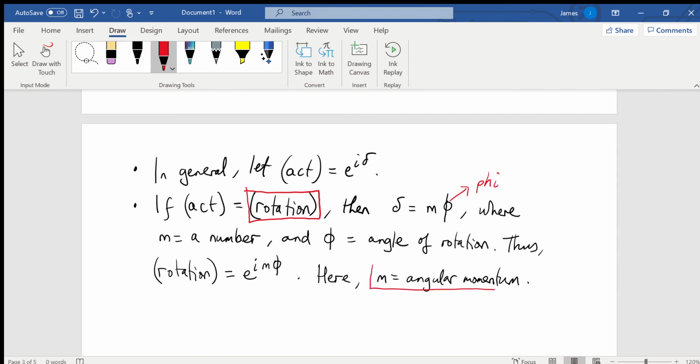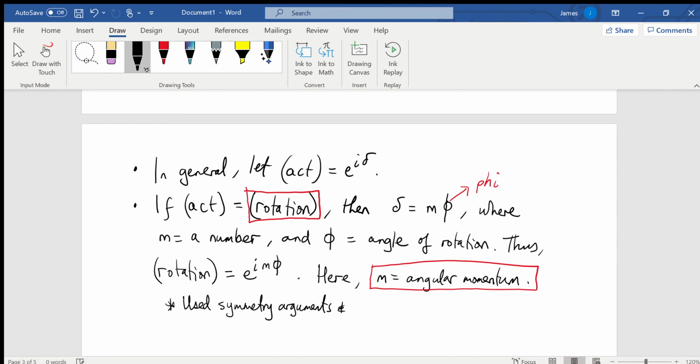Now, remember, all along we've been talking about symmetry and conserved quantities. So we have used symmetry arguments and practically no math to show that angular momentum is a conserved quantity.